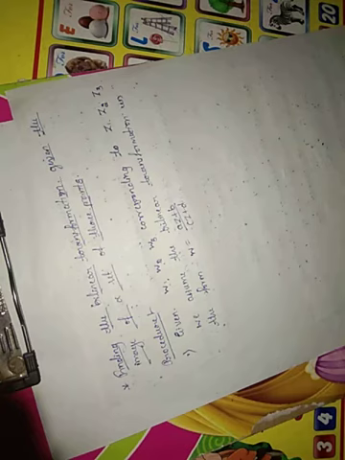First we have to note down W1, W2, W3 and Z1, Z2, Z3, and then we have to assume the form W equal to AZ plus B divided by CZ plus D.